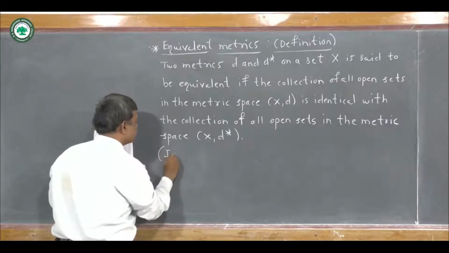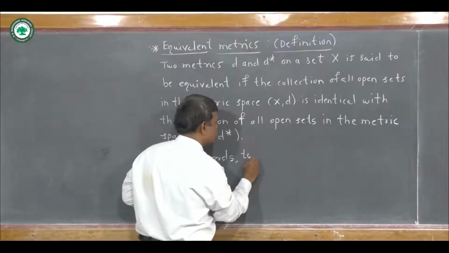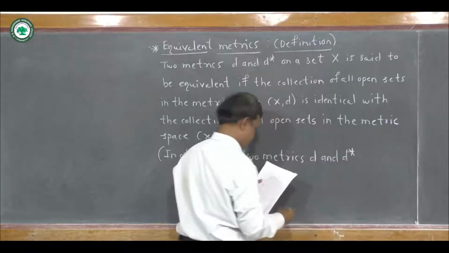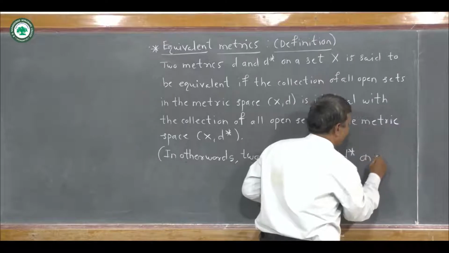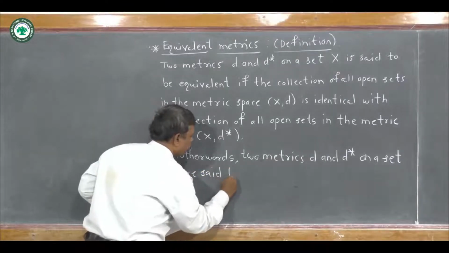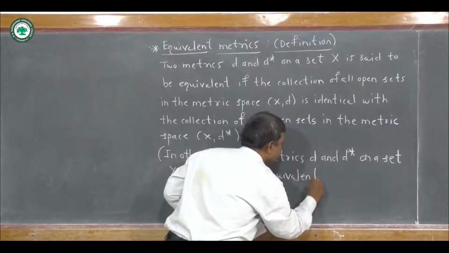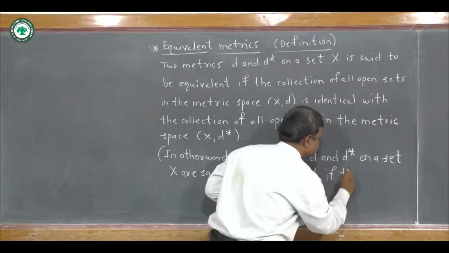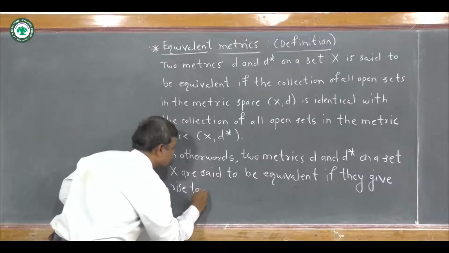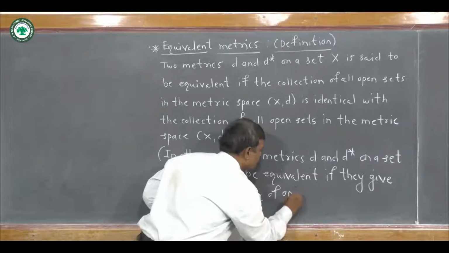In other words, we write this as: two matrices D and D star on a set X are said to be equivalent if they give rise to the same family of open sets.